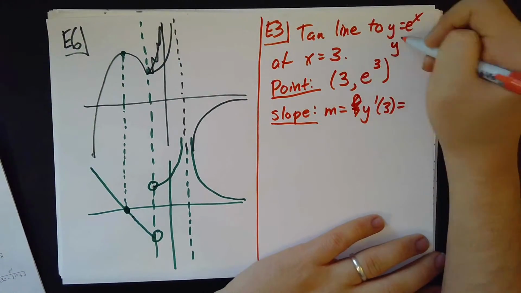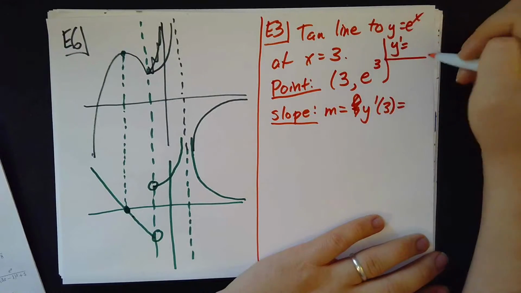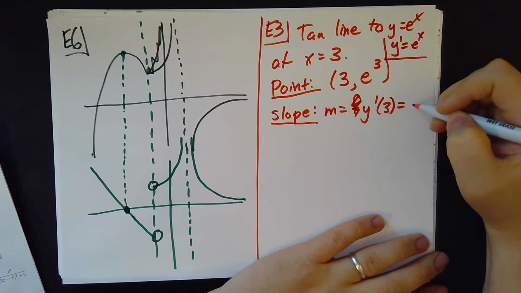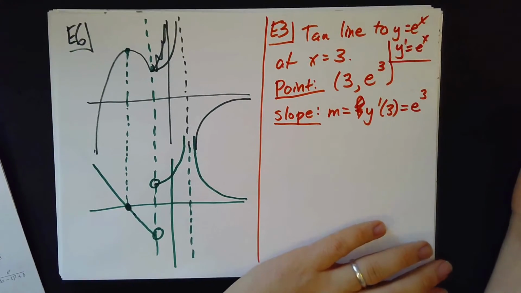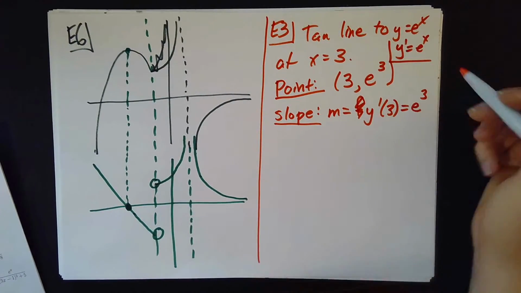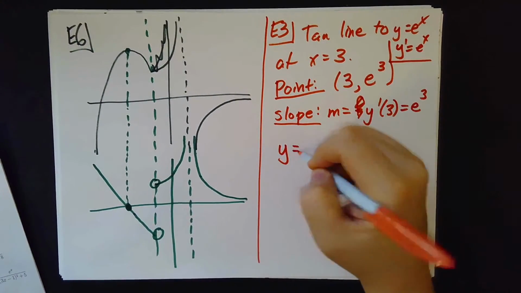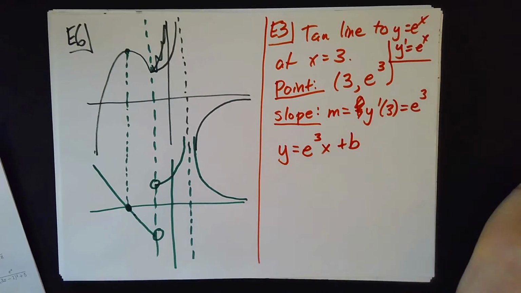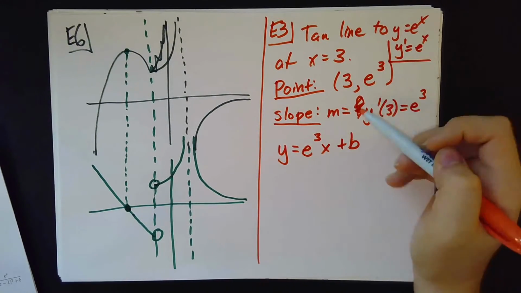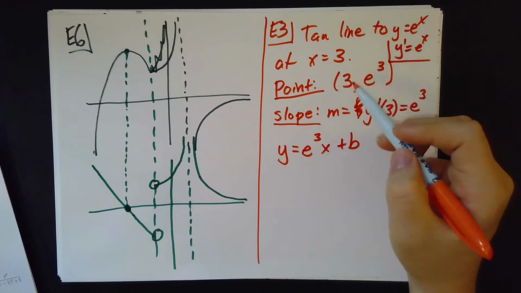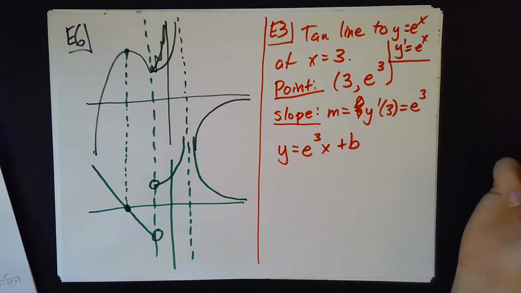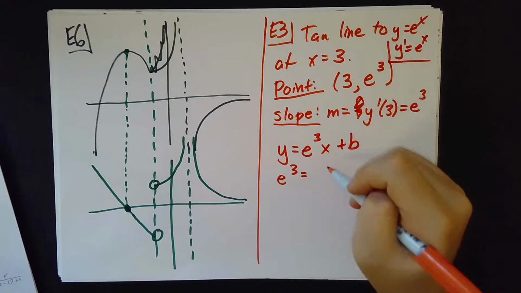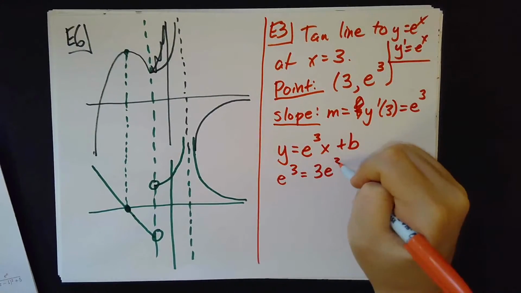Now, the derivative of e to the x is just e to the x, so this slope is in fact e cubed. And so my equation of my tangent line looks like y equals e cubed x plus b. And it passes through the point (3, e cubed), which means that I can write e cubed equals 3e cubed plus b.